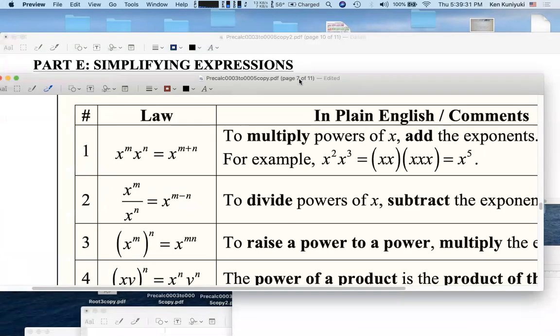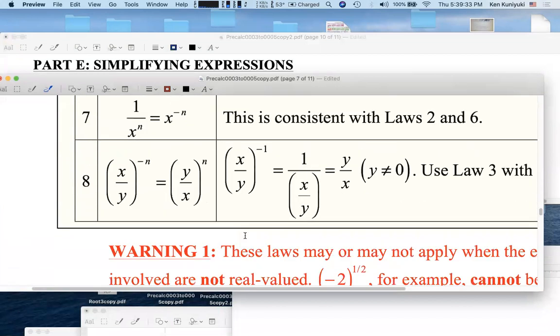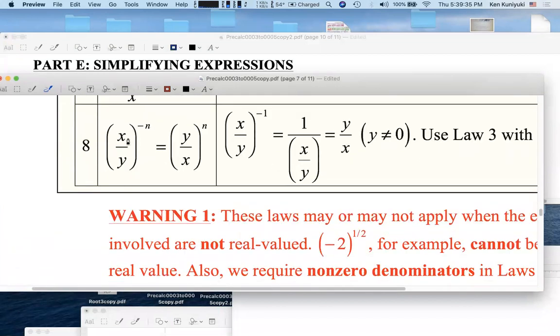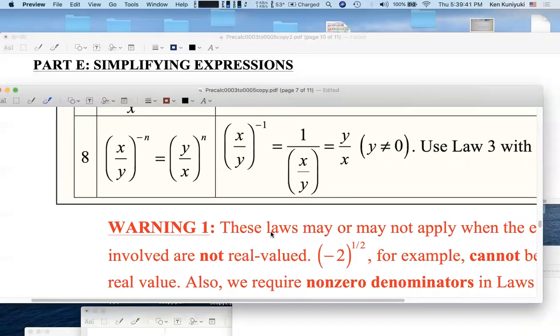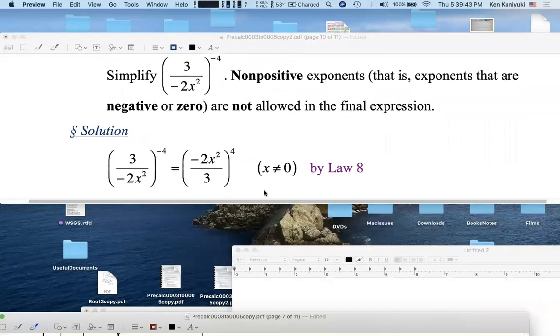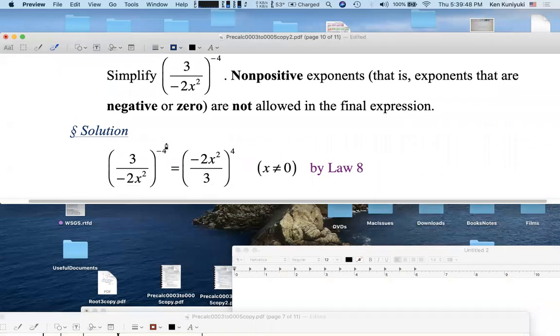And that's rule number 8. If you have a fraction raised to a negative exponent, you can change that to a positive exponent if you take the reciprocal of the base. So the exponent goes from negative 4 to positive 4, but we have to take the reciprocal of the base.